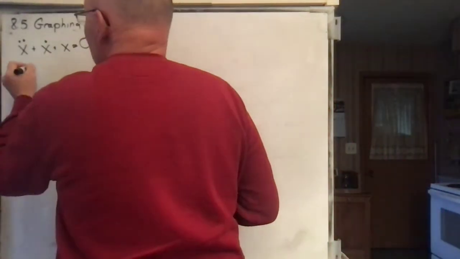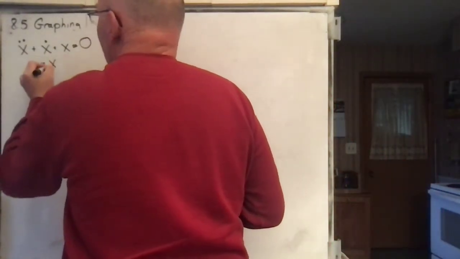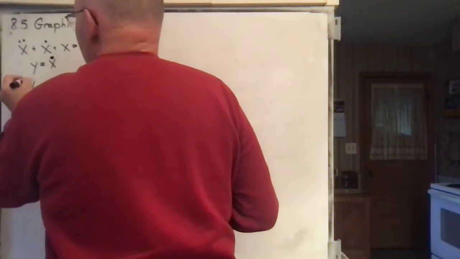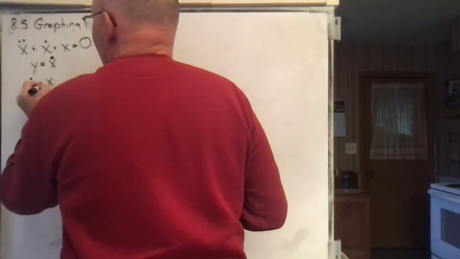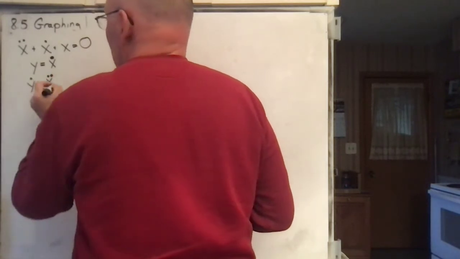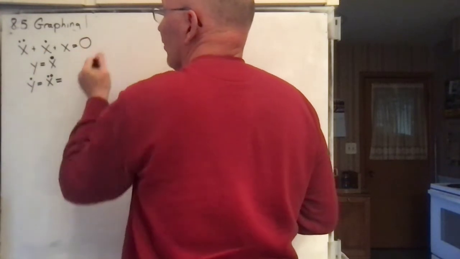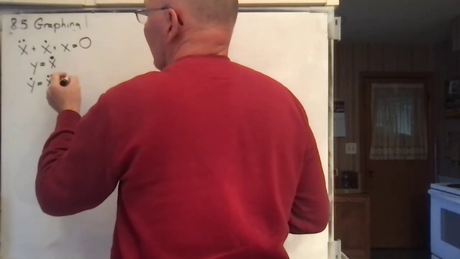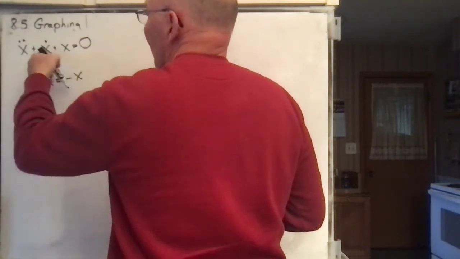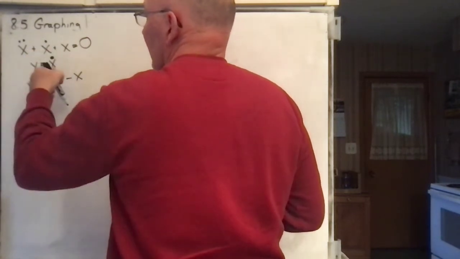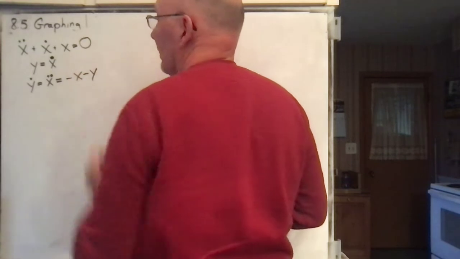The way you do it is you let y be equal to x prime, and then y prime is x double prime. But x double prime, if you bring this over, is equal to negative x and then negative x prime. But negative x prime is just negative y. See that?